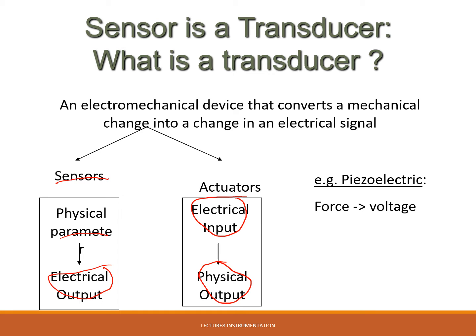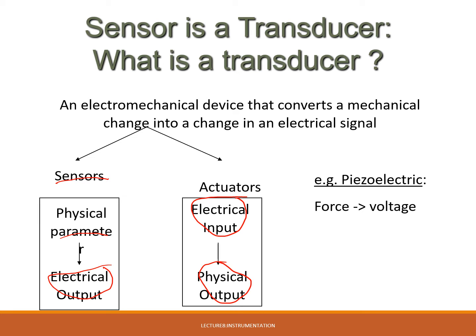So that is the definition for actuator. So both sensor and actuator are transducers, but not all transducers are sensors, not all transducers are actuators, because some of them are in the sensors group, and some of them are in the actuators group.